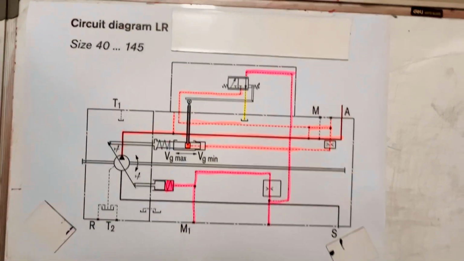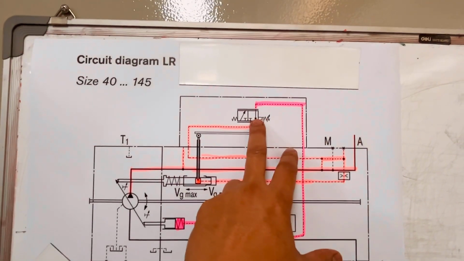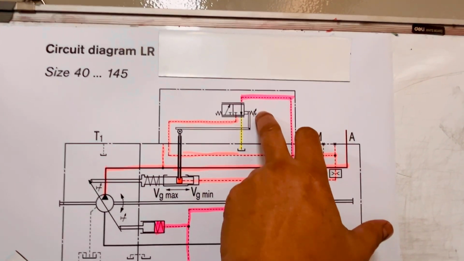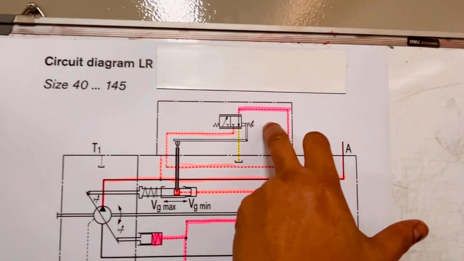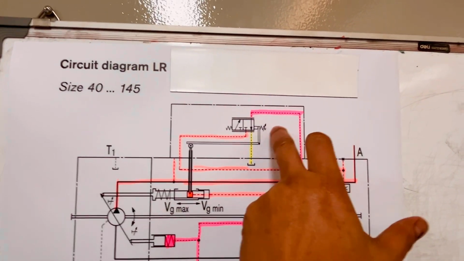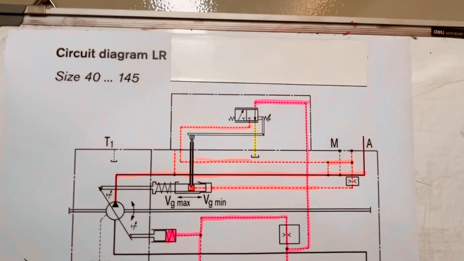So the regulation happens here. This pressure, this spring here, is set to your power, or horsepower or kilowatt setting, based on your drive.